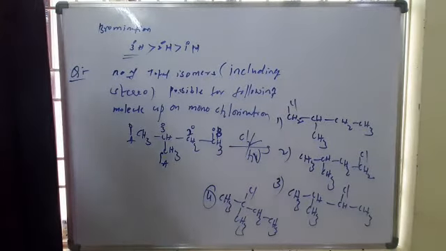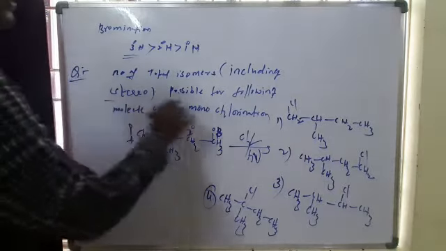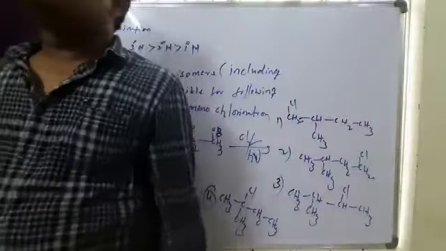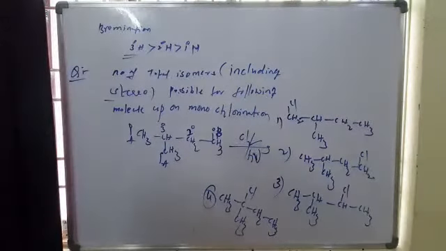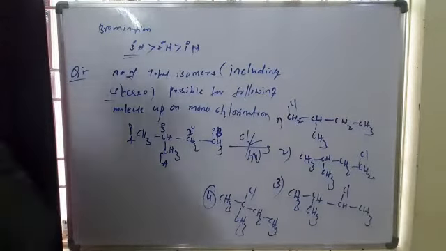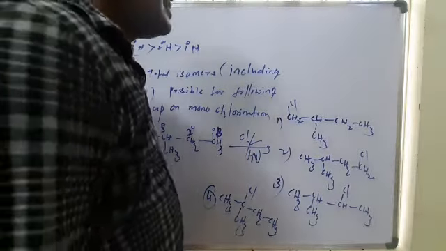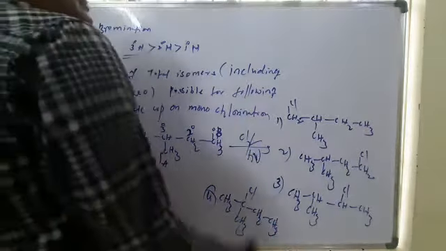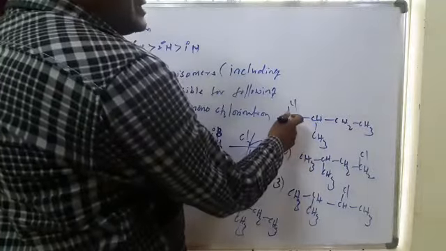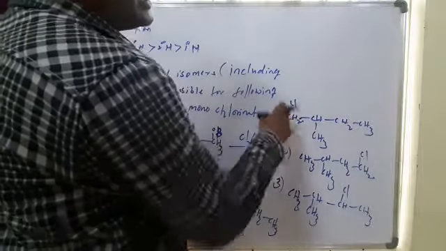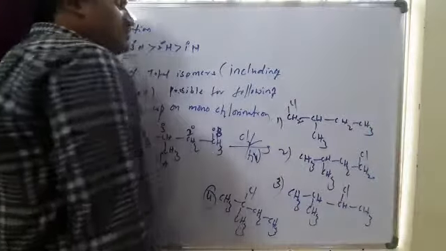But here the question includes stereoisomers, which means you can take the optical isomers also. Optical isomers mean you look for a chiral center, the carbon attached to 4 different groups.